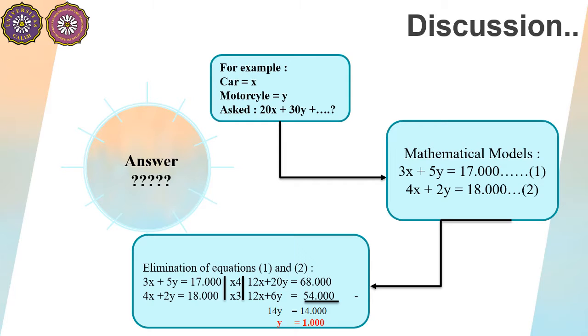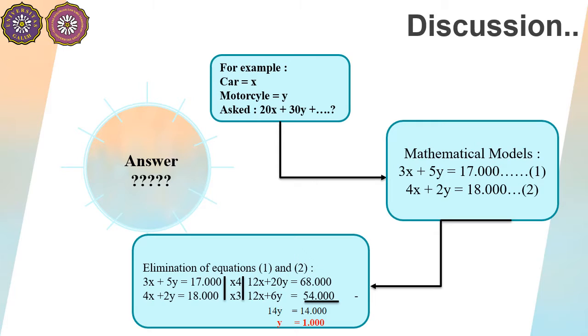So, 3x plus 5y equals 17,000 and 4x plus 2y equals 18,000. We multiply equation 1 by 4 and equation 2 by 3, aiming to eliminate x and find the value of y.